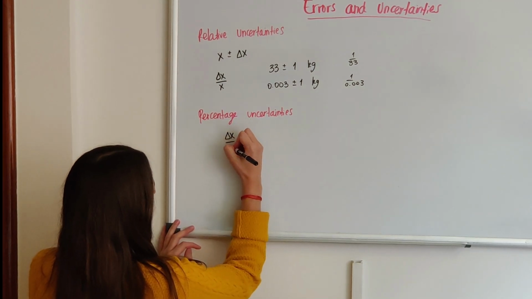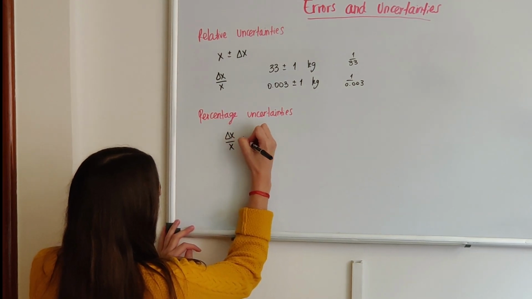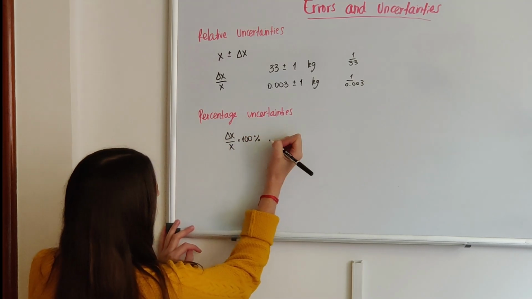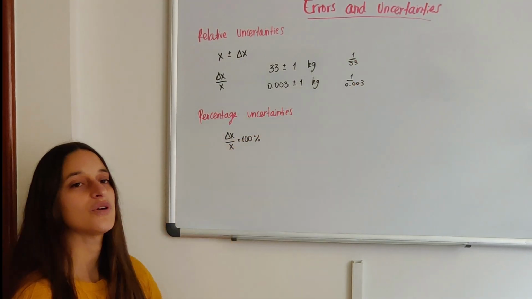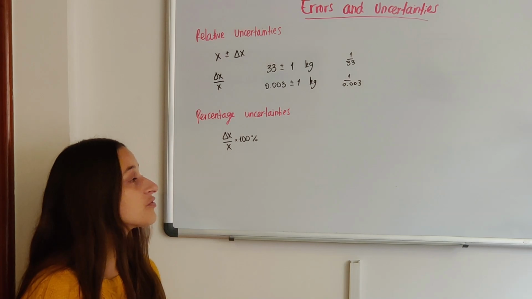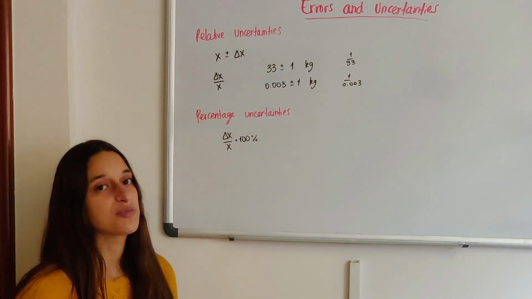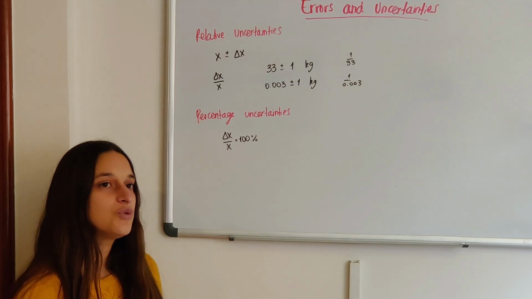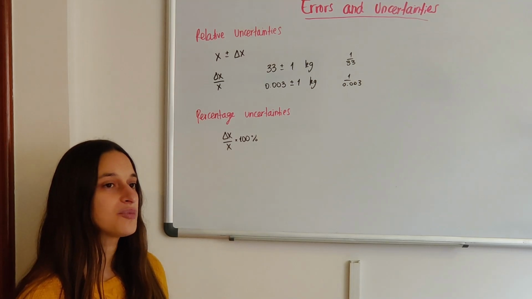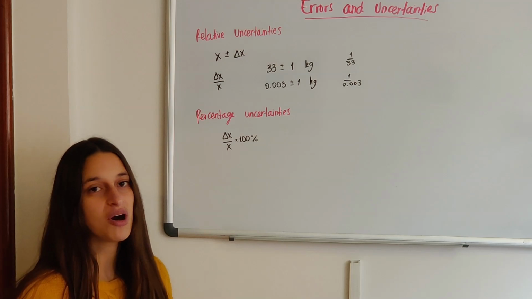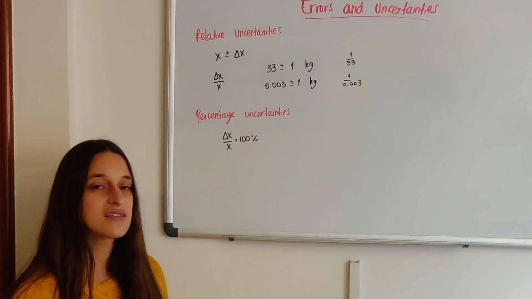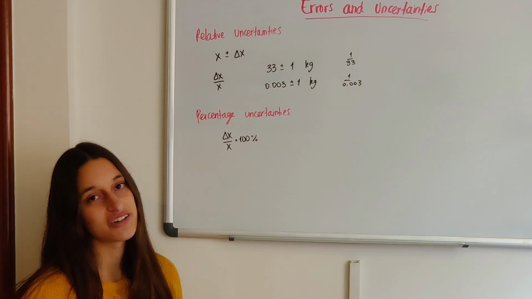Delta x over x times 100%. So in this case, where it was a decimal of 0.03, you would say it's about 3%. So if your percentage uncertainty is above 100%, your experiment is not very good.